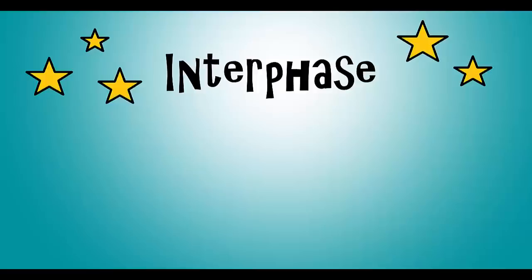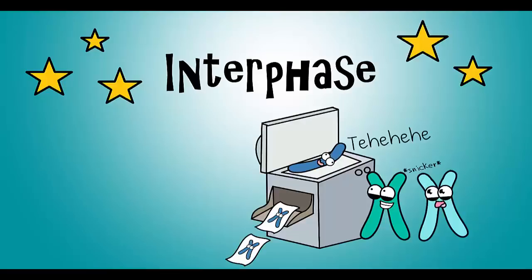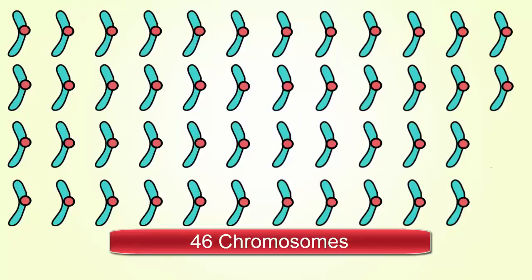Now, interphase is a step that happens one time before mitosis and meiosis can start. In interphase, this is where we duplicate the chromosomes. So first we start with 46 of these chromosomes, which is how many chromosomes are found in human body cells. And as you can see in our little picture, they kind of look like little sticks.